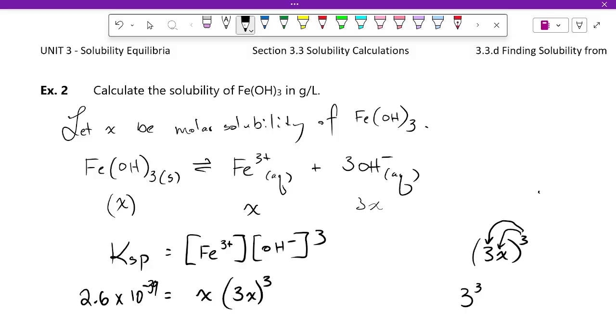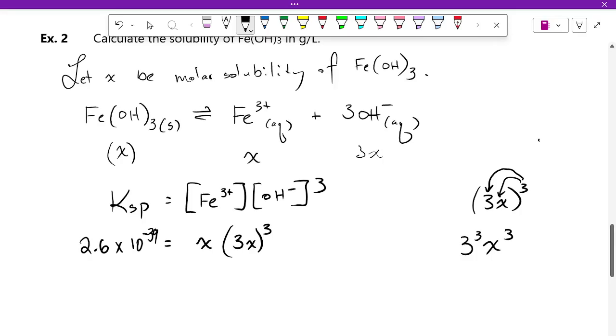Because we have to cube the 3 and we have to cube the x, right? What is 3 cubed? 3 times 3 times 3. 3 times 3 is 9 times 3 is 27. It pains me that this is difficult, but anyway.